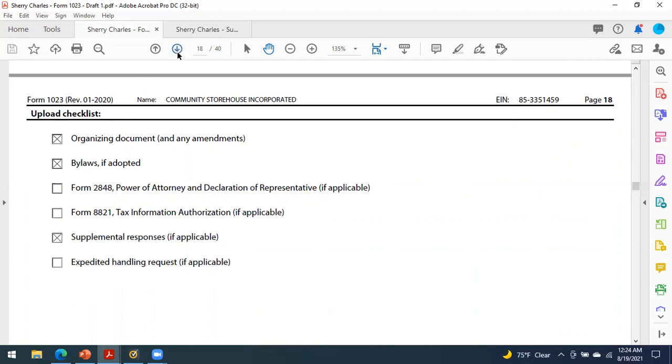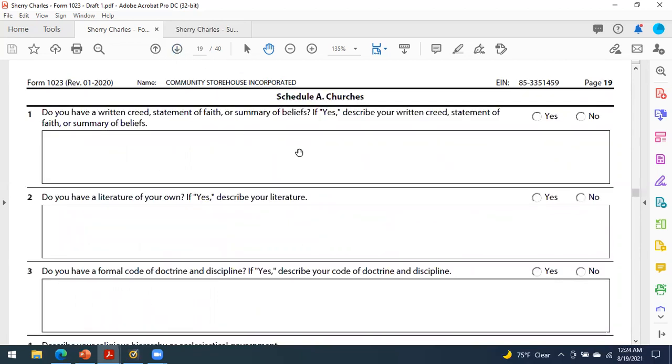Now, let me just go to page 19. The reason I said pages 1 through 18 are required is because every organization, regardless of what services you plan to provide, is required to complete pages 1 through 18 for the Form 1023. However, the next pages, 19 through 40, are only for people who are providing specialized services.